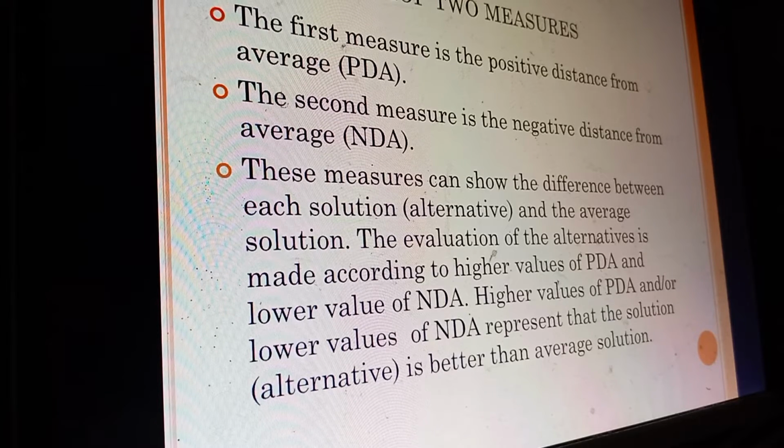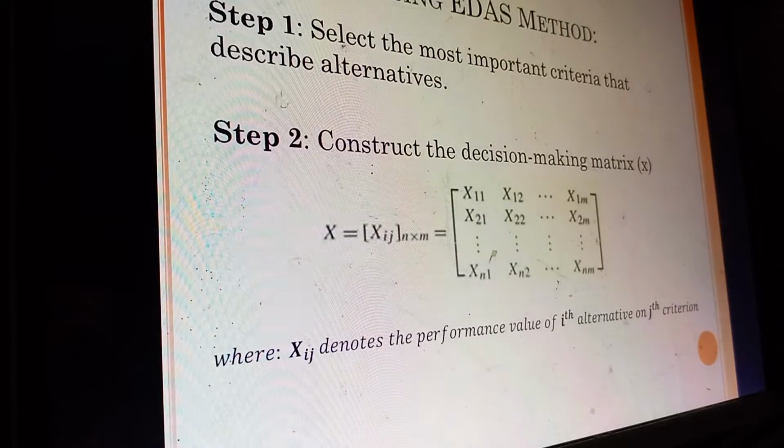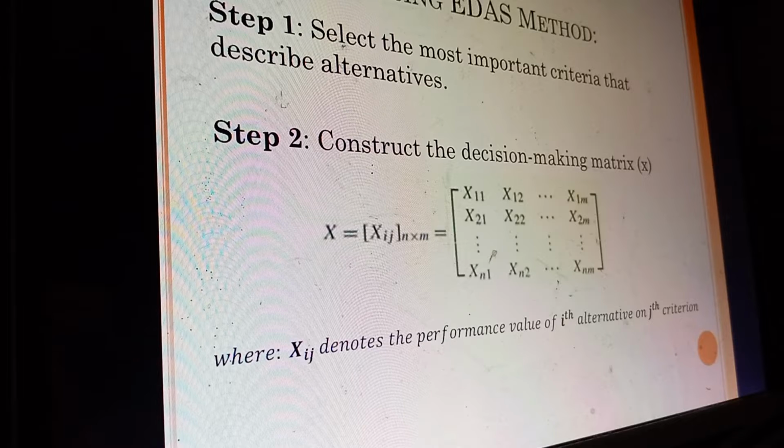So suppose that we have n alternatives and m criteria. The steps for using the EDAS method are presented as follows. Step 1, select the most important criteria that describe the alternatives. This means before you start with a problem, you need to identify the alternatives and the criteria.